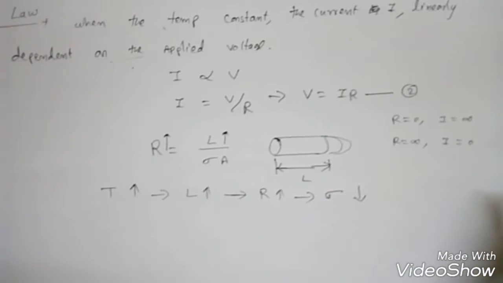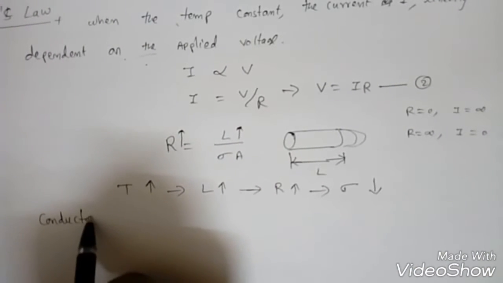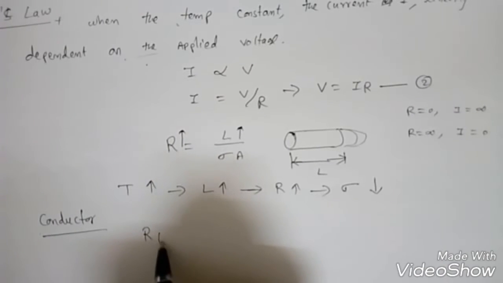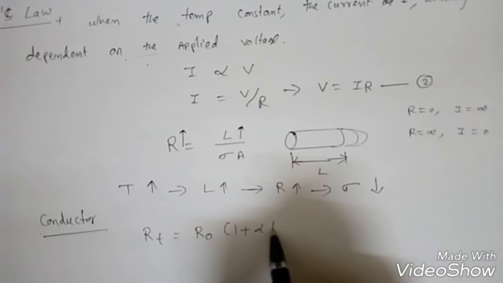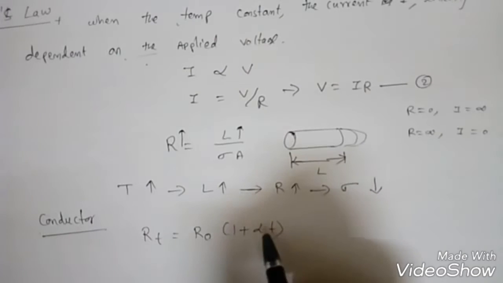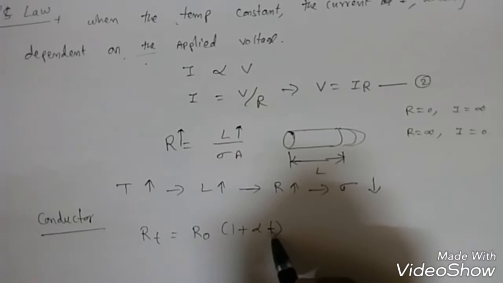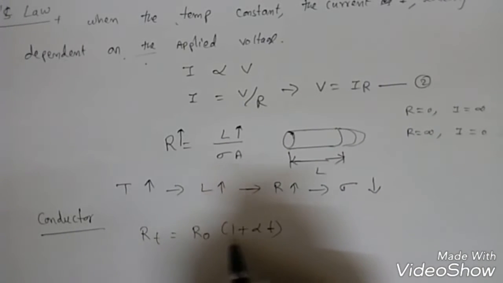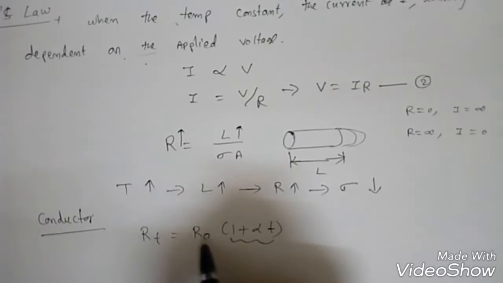Now if I take a conductor, the resistance will depend on the temperature, that is R0 into (1 plus alpha T), right? Here capital T is the temperature. If the temperature is increasing, this factor will rise, so overall the resistance will increase, right?